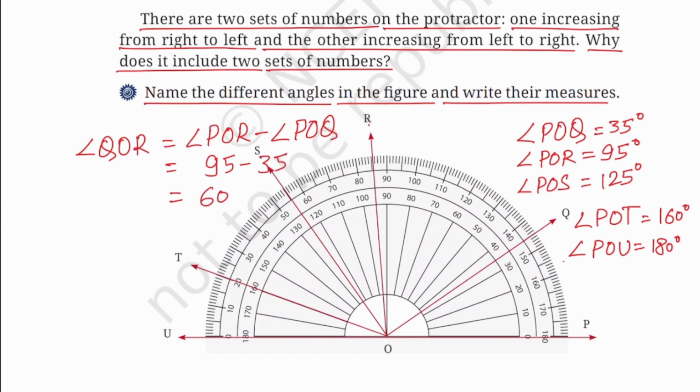You will get 60 degree. You can count in tens. 10, 20, 30, 40, 50 and 60 here. That is angle QOR is 60 degree.